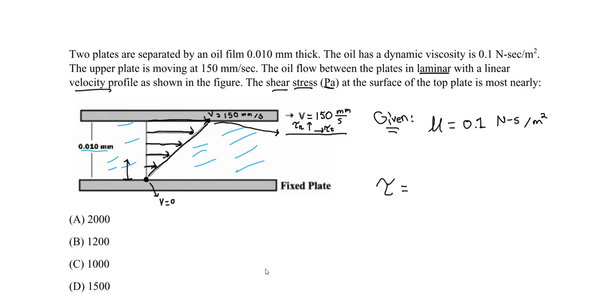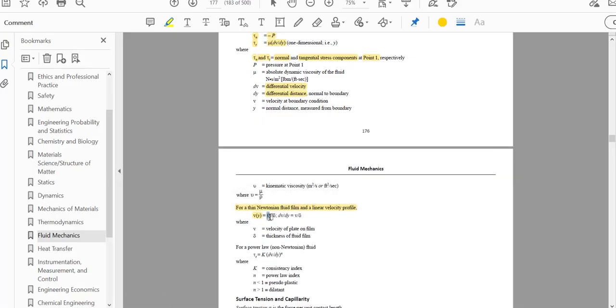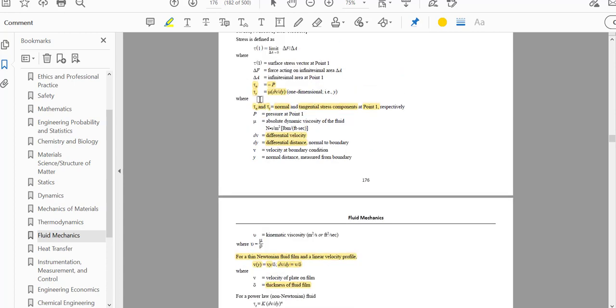So we start at 0 and go up in a linear fashion to 150, and this equals the velocity times y divided by the thickness of the fluid film. So we can rewrite this: the velocity gradient, which is the differential of the velocity divided by the differential of the distance, is going to equal the velocity divided by the thickness of the fluid film. So that's another equation that we can use as well. But the one I will use for this example is this one.